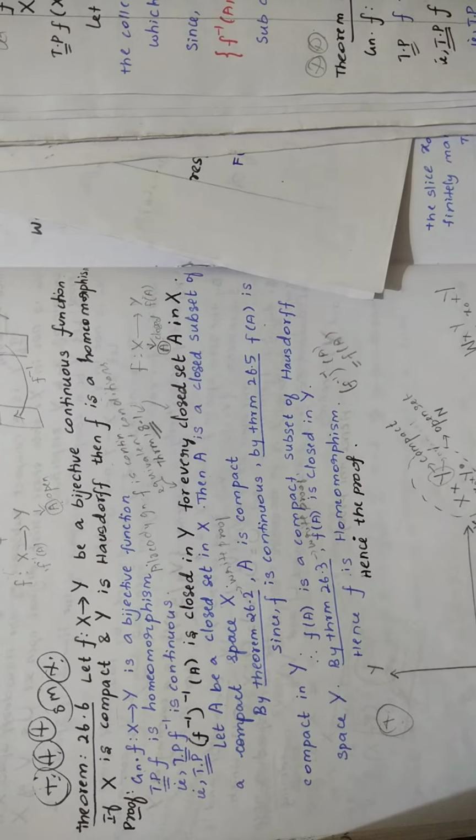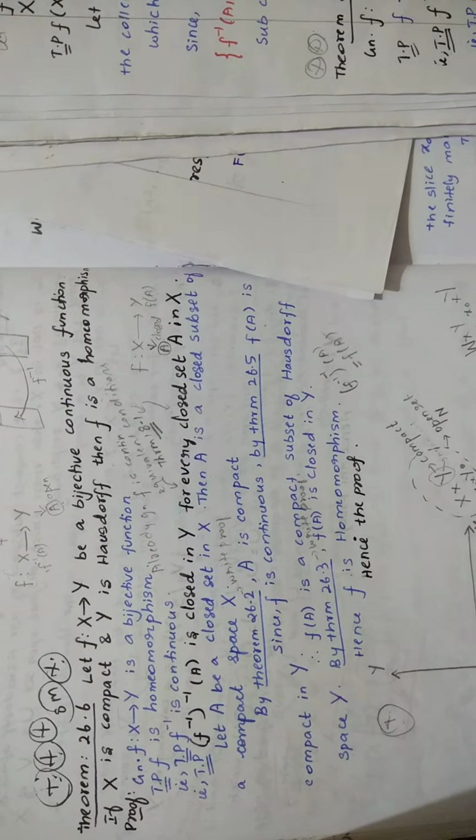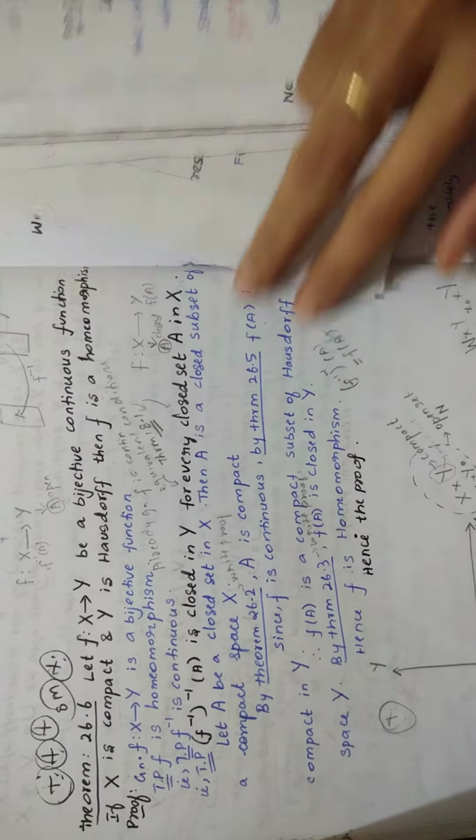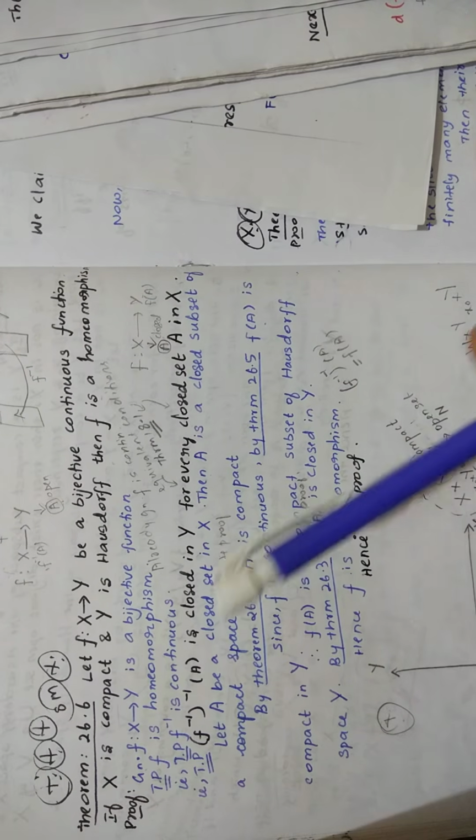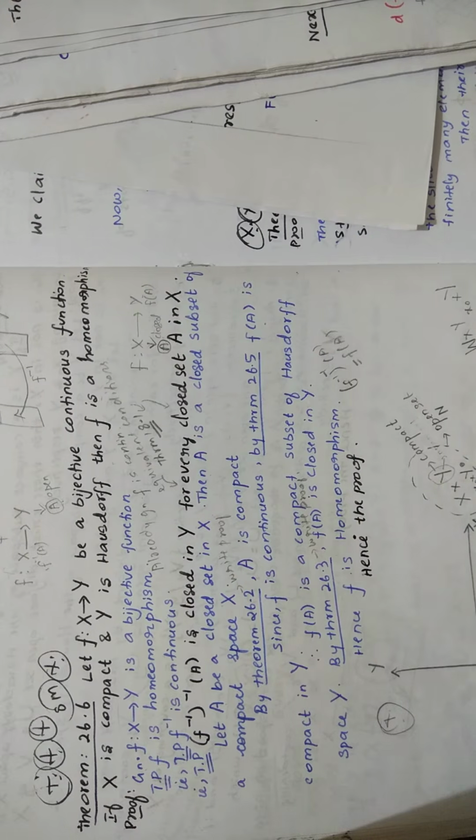Once again I repeat: to prove f is a homeomorphism, it is enough to prove f and f inverse are continuous. I am saying this by the definition of homeomorphism. Is that clear? Now in this proof, you will prove only that f inverse is continuous. You don't prove f is continuous. Why? Can you tell me why you don't need to prove f is continuous?